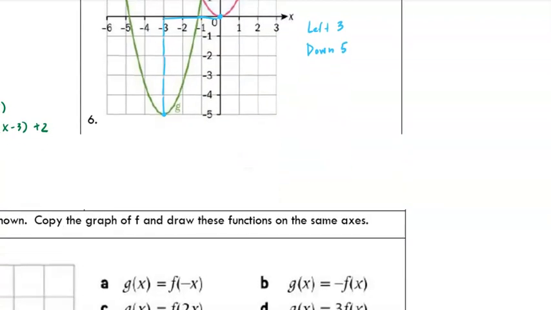Let's go ahead and write our two functions. g of x equals x plus 3, remember minus 3, flip the sign, squared minus 5. Or g of x equals f of x plus 3 minus 5.